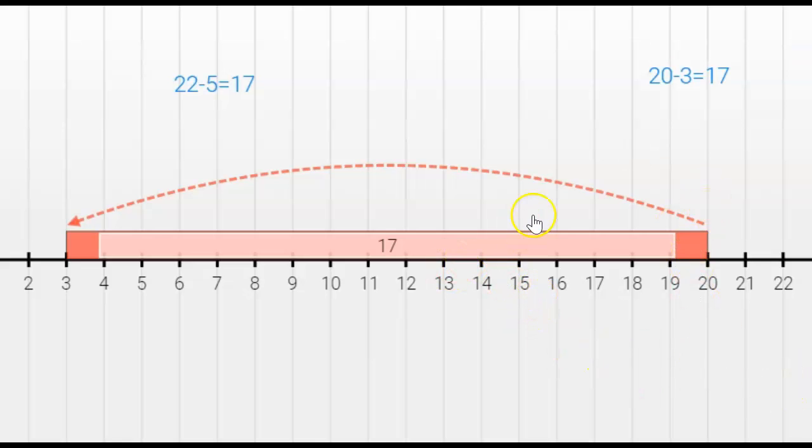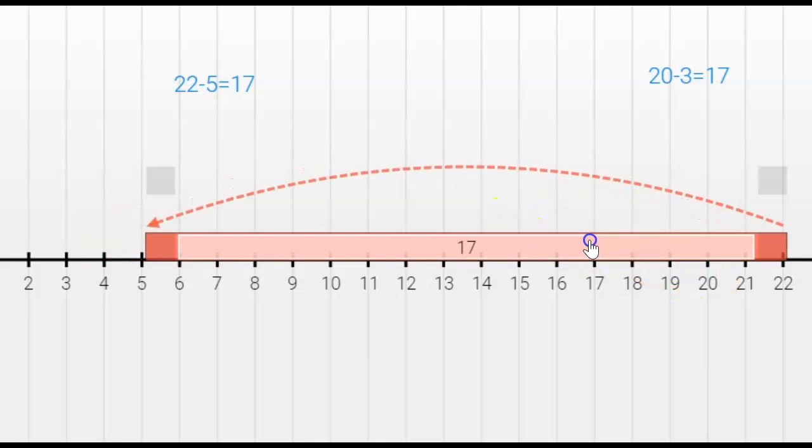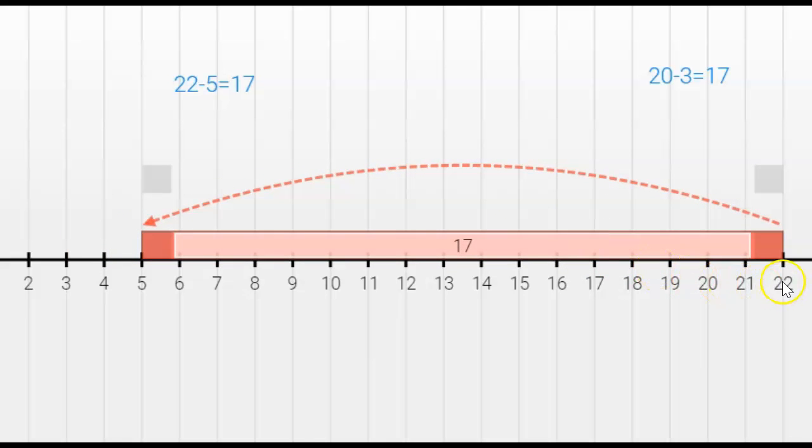So another way you can think about this is in the jumps. So let's go back to 22 minus 5. If you start at 22, because of the starting point here, and you take 5 jumps in the negative or left direction, look where you'll end up. 22 minus 5. 1, 2, 3, 4, 5.